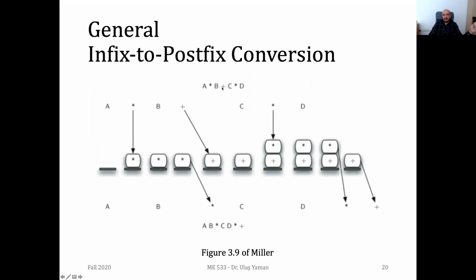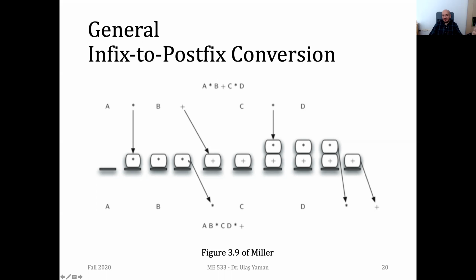You have a plus operator, and before putting this plus sign into the stack, we see that this plus sign has less precedence than the multiplication. So we need to pop this multiplication sign before adding the plus sign into the stack. Since we don't have any parentheses, it's an important issue.